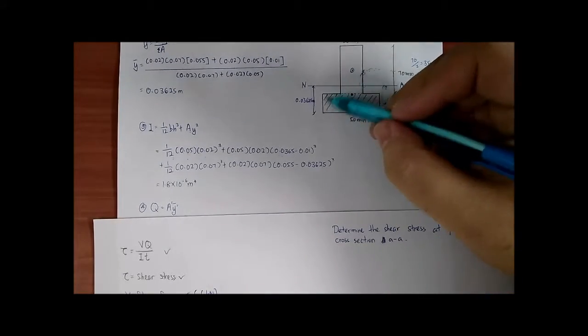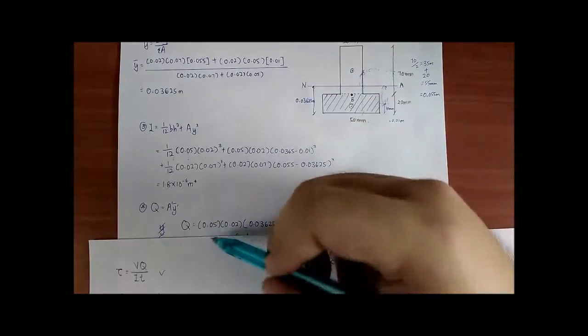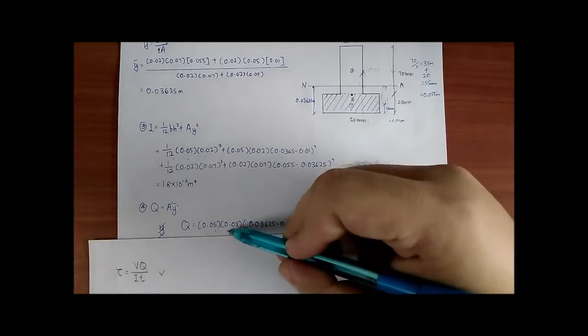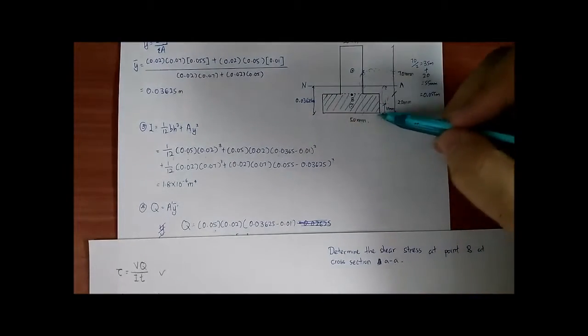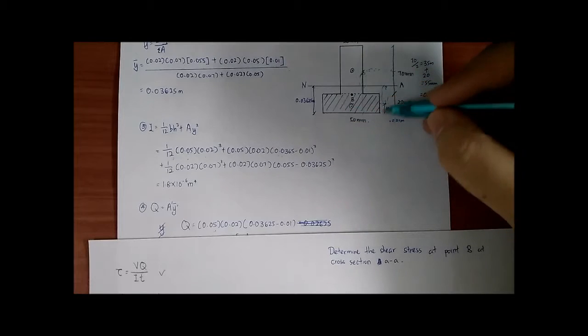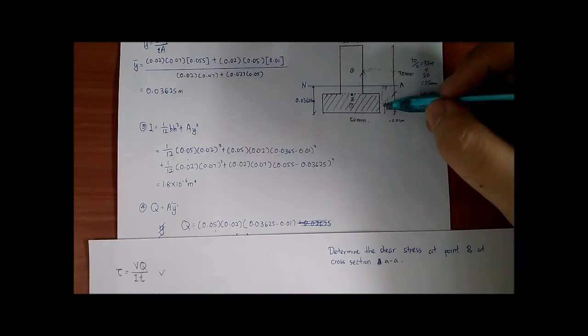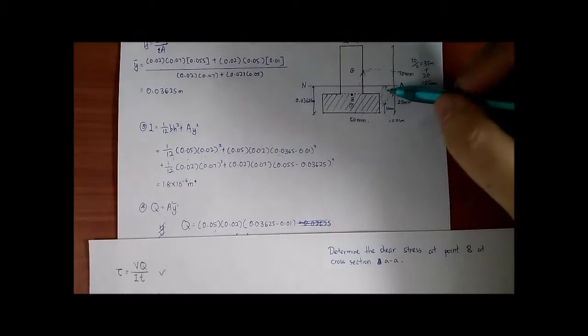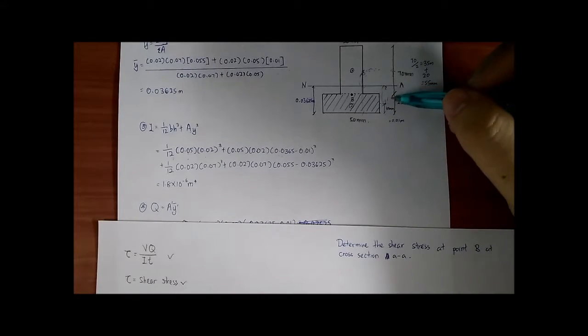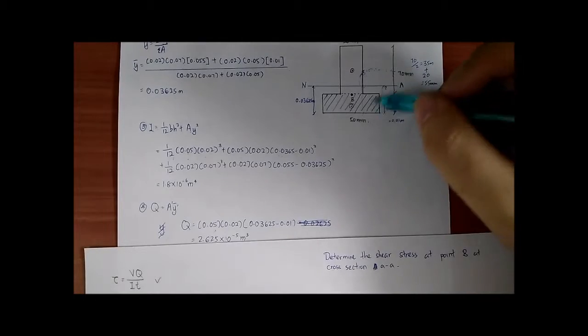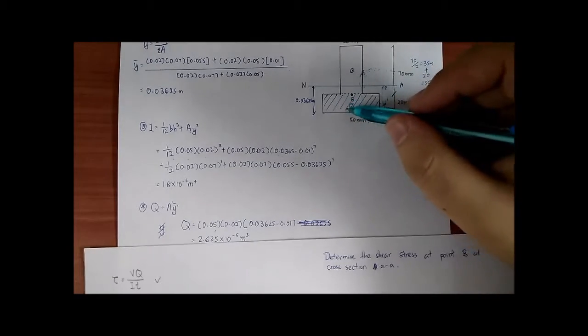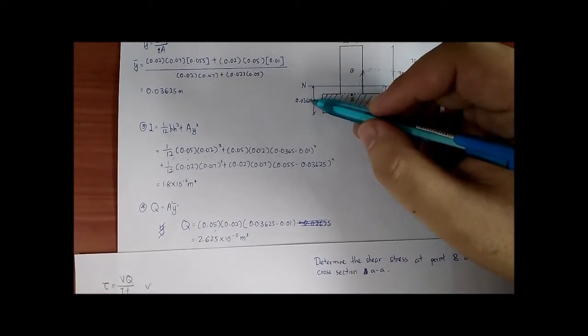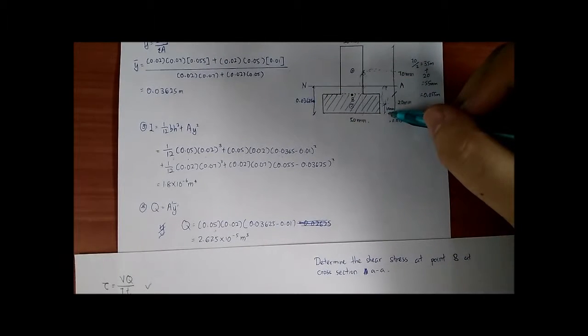The area prime is 0.05 multiplied by 0.02, multiplied by the distance from the neutral axis to the centroid of the shaded region, which is 0.03625 minus 0.01.